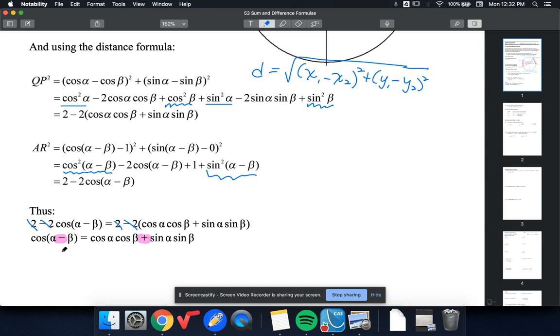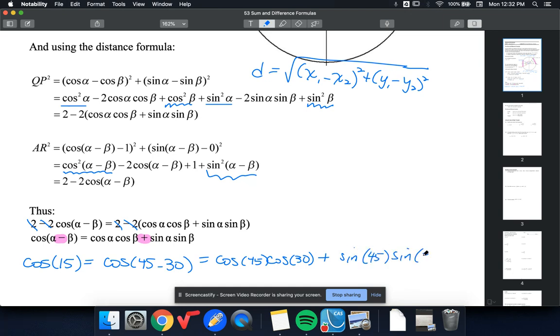Let's go back to my example of 15 degrees. If I wanted to know the cosine of 15 degrees, I could say that's the same as cosine of 45 degrees minus 30 degrees, which, according to this formula, is cos 45 times cos 30 plus sine 45 times sine 30.